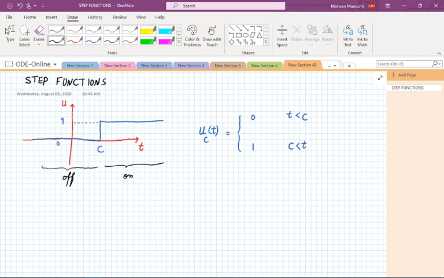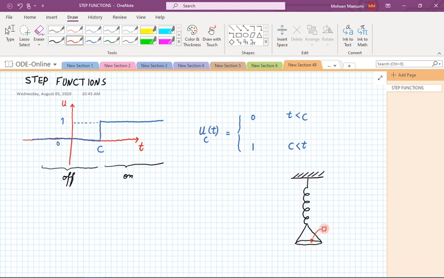If you want to visualize a mechanical system that has a switch to it, we can go back to our spring system. Imagine we have the spring, and to this spring we attach a pan, and at various times you might decide to add a certain weight to this pan, or perhaps take a weight off of the pan.